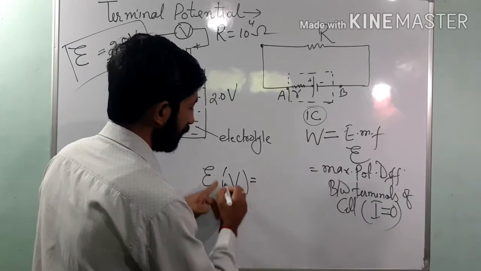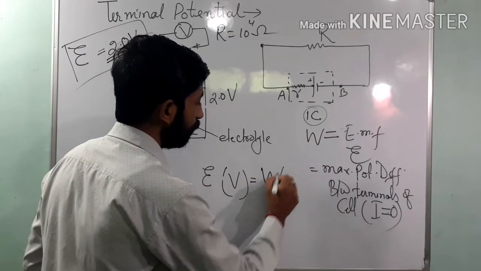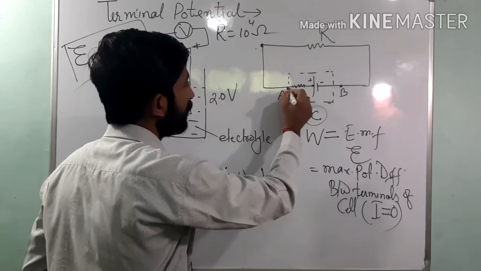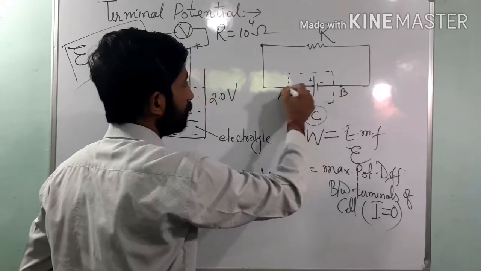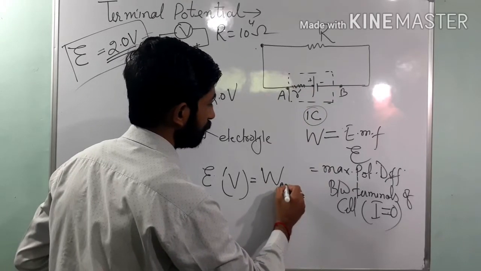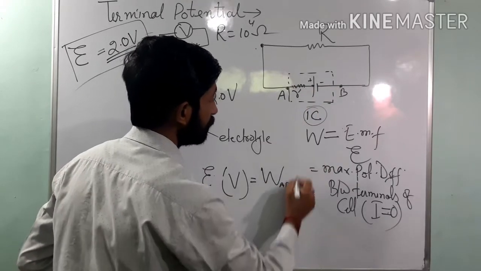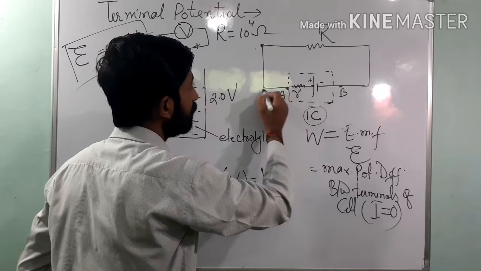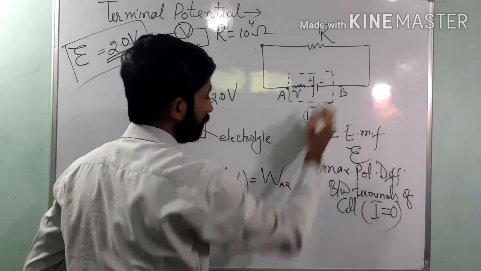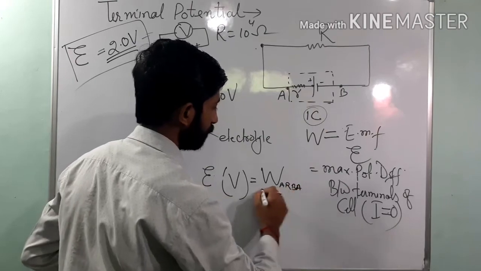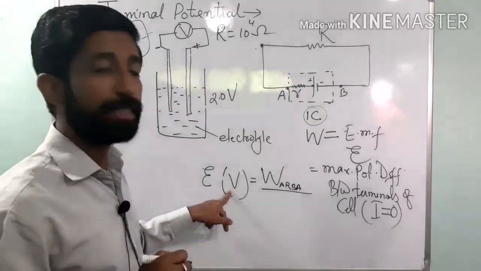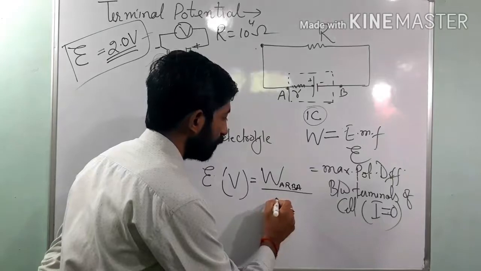A kind of potential, and by definition we know the work done, suppose this is point A. I start from A, go to R, then come back to B, and again come to point A. Potential is defined as total work done upon how much?